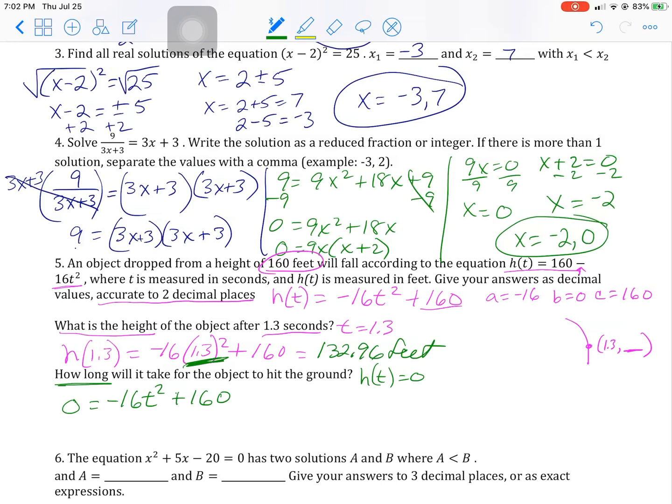So I just go with it whether it comes out or not. I just follow all the rules here. A equals negative 16. B, we wrote it down up there, equals 0, and C equals 160. So that means in my quadratic, t is going to equal 0 plus or minus the square root of 0 squared minus 4 times negative 16 times 160.